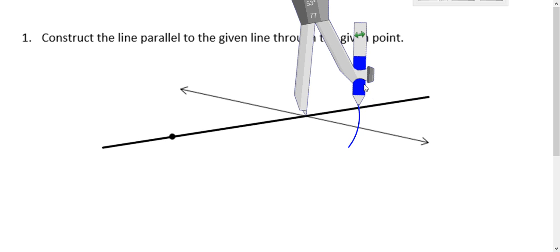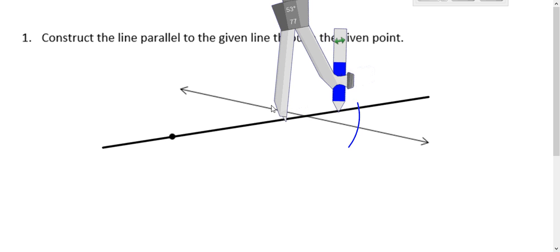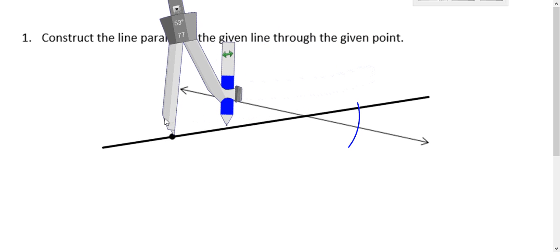draw an arc, then without adjusting your compass, bring it down to the point and do the exact same arc.